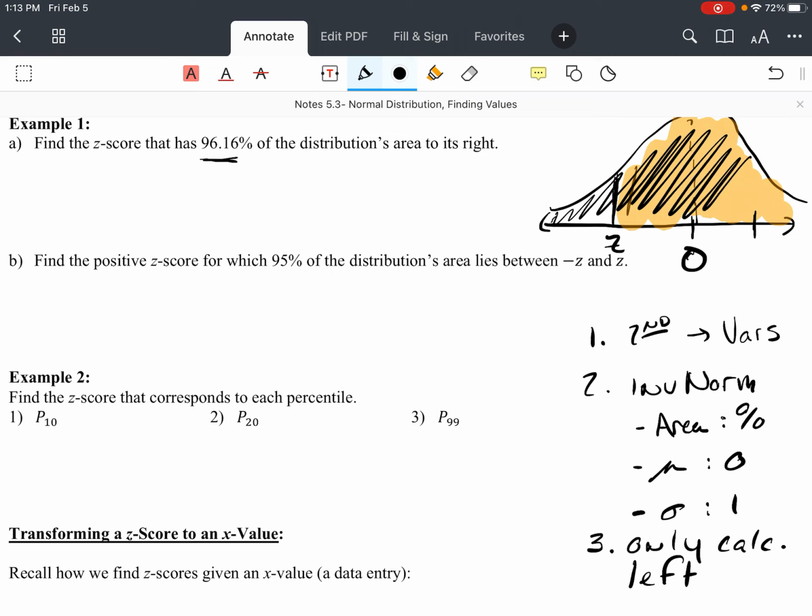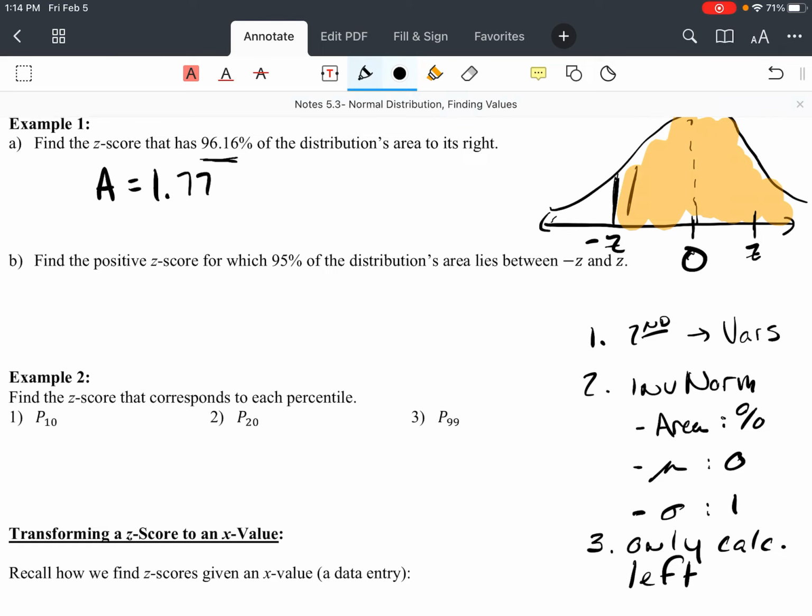Okay, so what this is actually doing is it's finding the z-score over here and finding the area behind the z-score. But one thing you need to remember is that it's symmetric. So if it gives you the positive z-score, the area behind it or to the right is going to be the opposite.